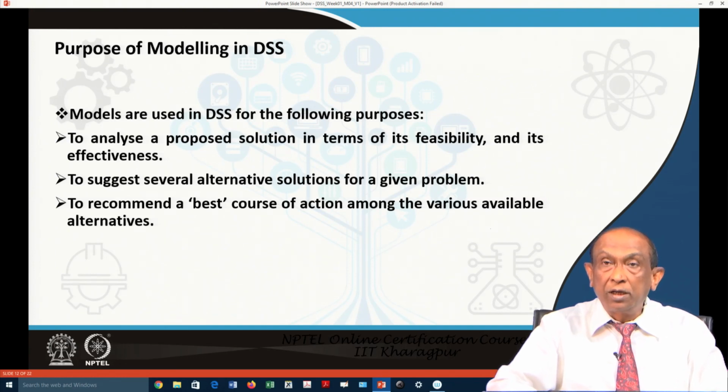Again I am repeating, because one must be very thorough about the usefulness of the model, how to construct the model, the properties of the model, because next to managers, models are the most important components of an effective decision support system.